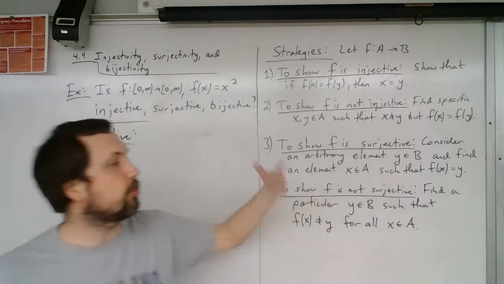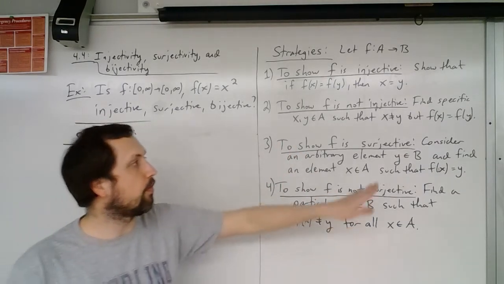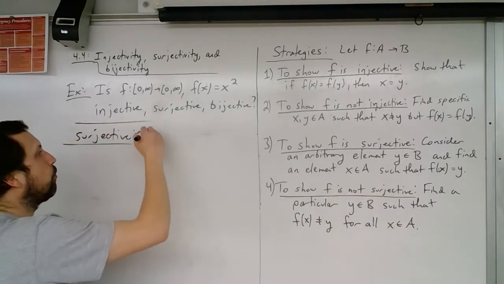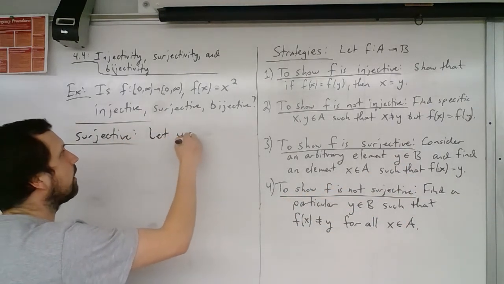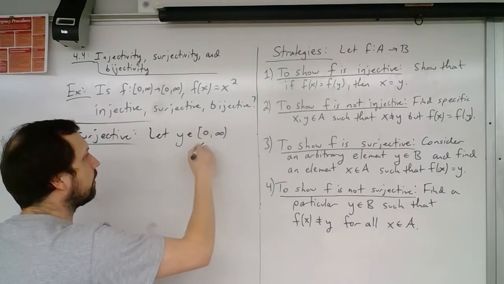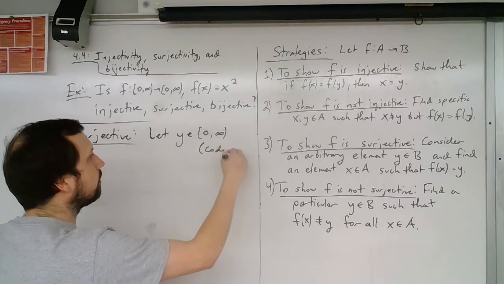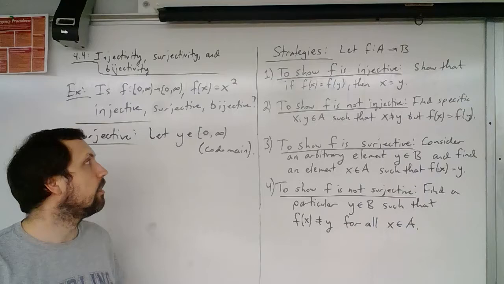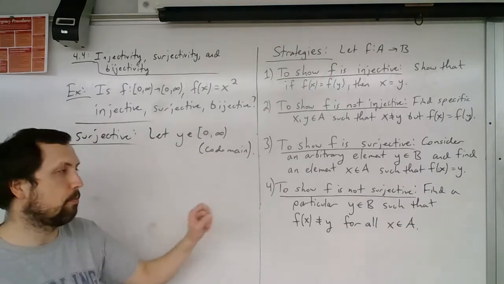We want to start in a very similar way as a proof. We pick an arbitrary element in my codomain: let y be an element of 0 to infinity, which for clarity is the codomain.